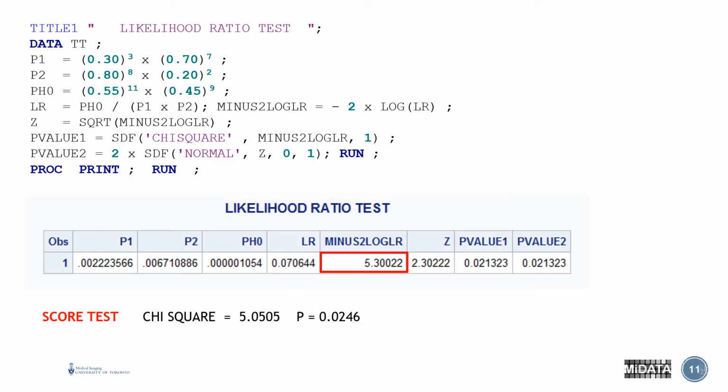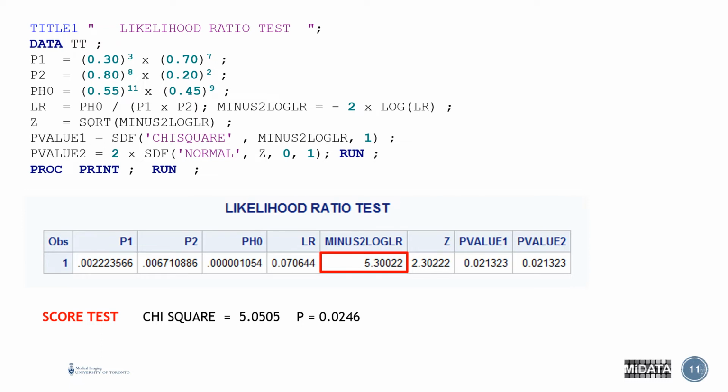Okay, this slide is showing the same calculations from the previous slide. However, what we're adding is a little comparison between the chi-square and the Z distributions. So same calculations for your likelihoods, same likelihood ratio, and same negative 2 likelihood ratio.